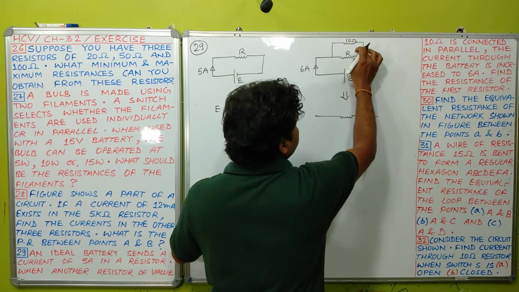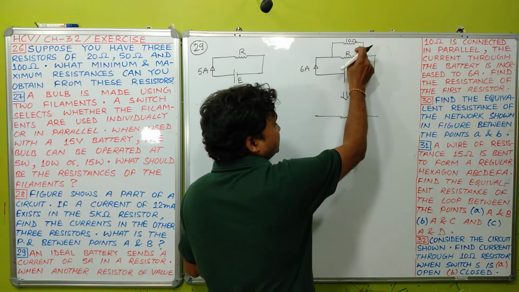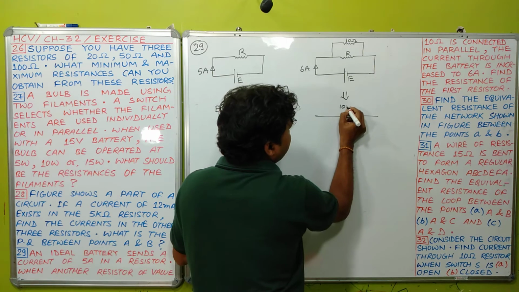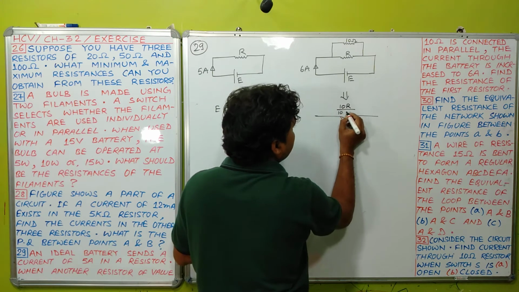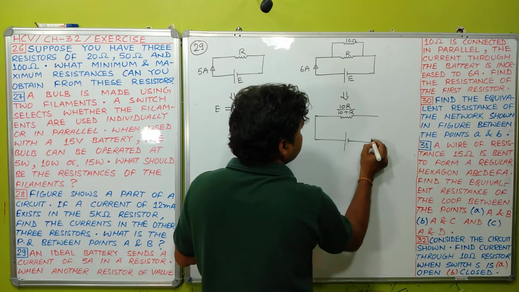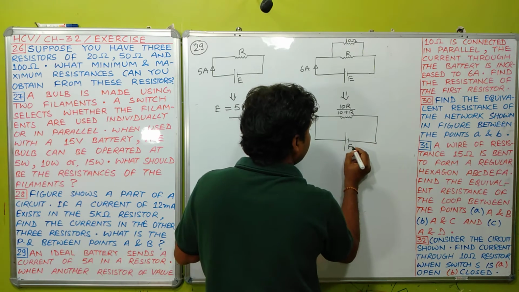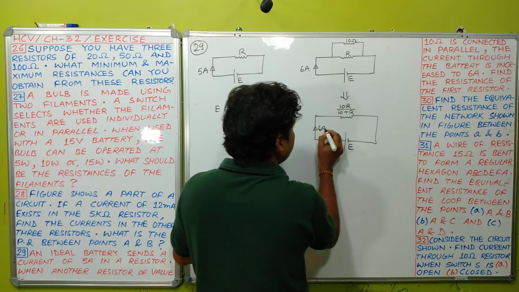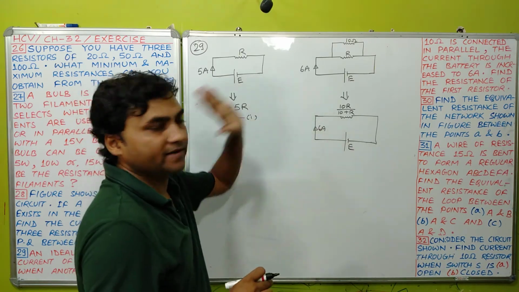Since these two resistances are in parallel, you can write a single resistance having value R1 R2 by R1 plus R2, that is 10 R by 10 plus R. Now the battery is connected like this and the current flowing through is 6 ampere. These two are the same circuit, equivalent circuit.